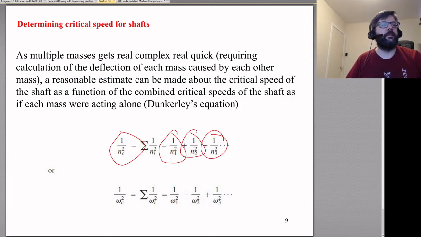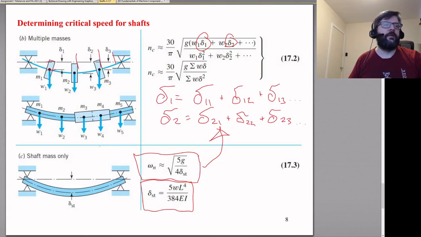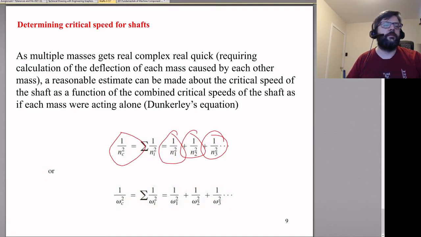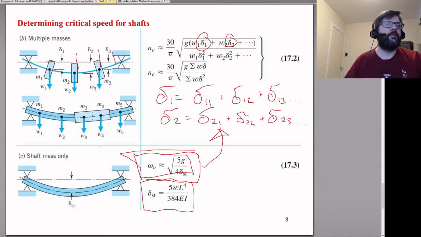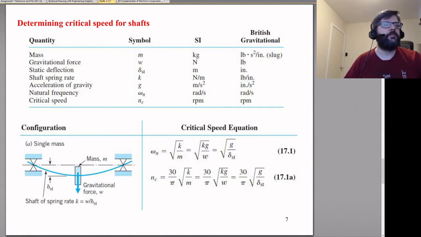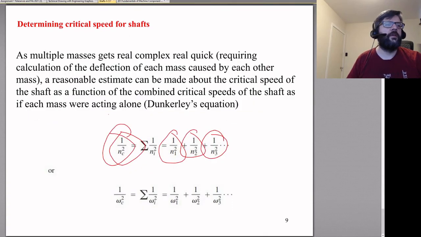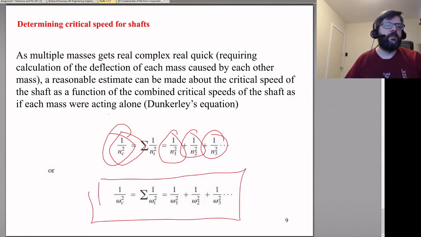Add up the inverse of the squares of those, and that'll give you the inverse of the square of the critical speed for all of those masses, including the mass of the shaft. We still want to be including this one here. That'll give us the inverse of the square of the critical speed, or the first fundamental natural frequency, and that'll give you a reasonable estimate. So again, that's the first critical speed.